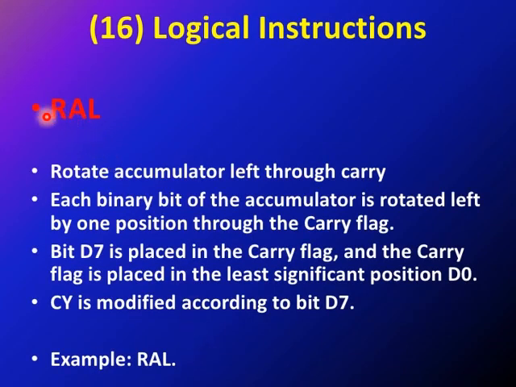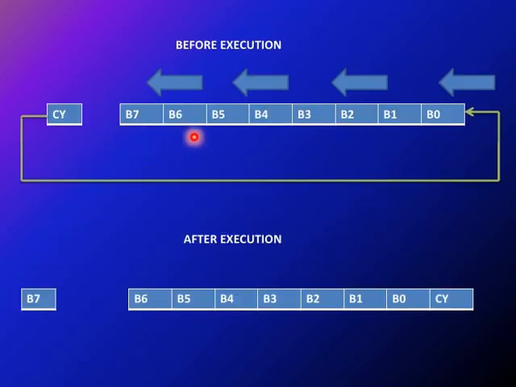The next instruction is RAL, rotate the accumulator left through the carry. In the previous instructions, the carry flag is overwritten. Now here, the rotate operation is performed along with the carry, both left as well as right. First we will see rotate the accumulator left through carry. We are going to rotate the accumulator content left through the carry.